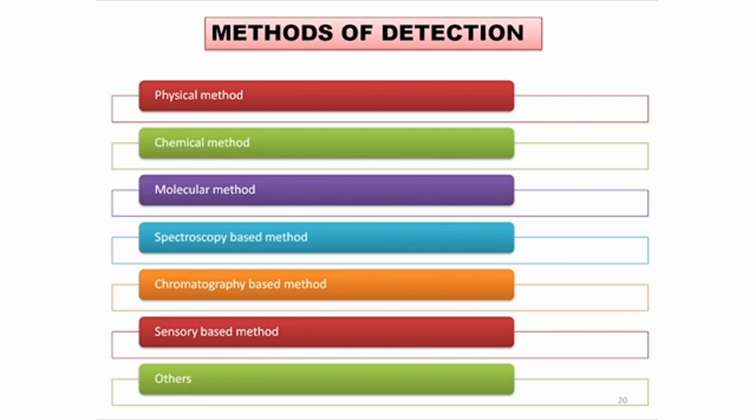In the chromatography-based methods, we use techniques like HPLC, high performance liquid chromatography, and sometimes thin layer chromatography, to separate and identify the saffron components.